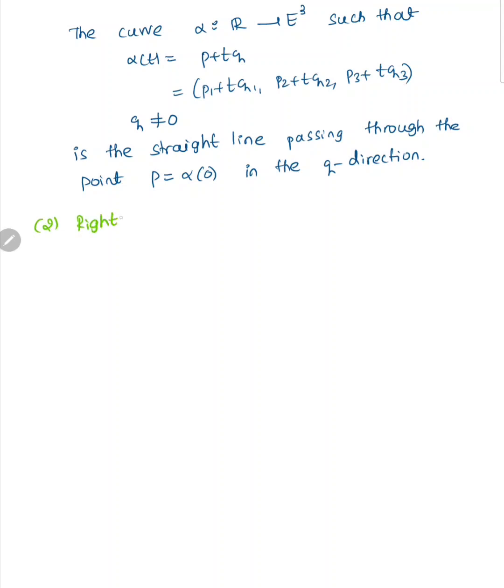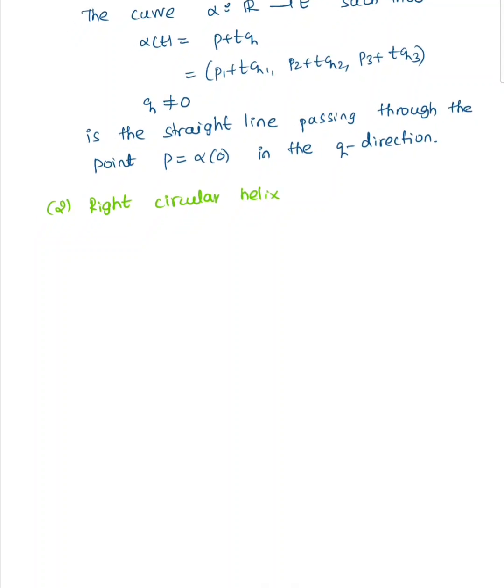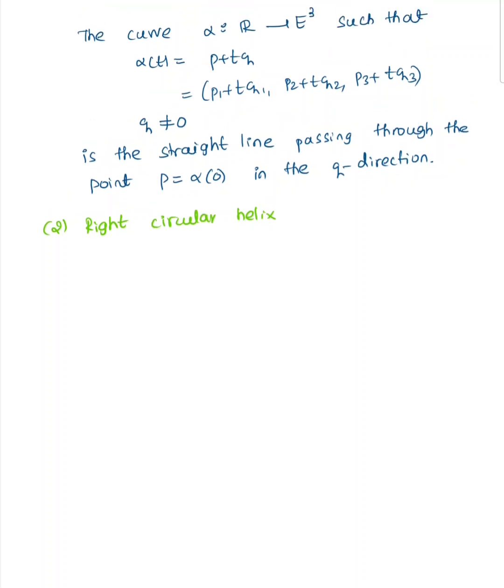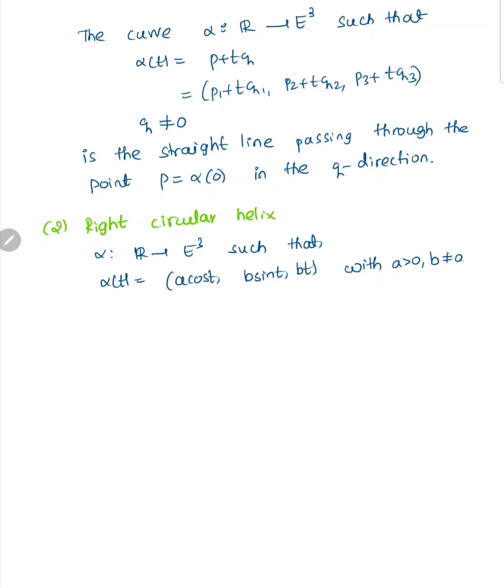So we will see another example, which was the right circular helix in terms of function. Here it is given in terms of function as a function alpha from R to E3, such that alpha of t is equal to a cos t, a sin t, bt, with a greater than 0 and b not equal to 0.